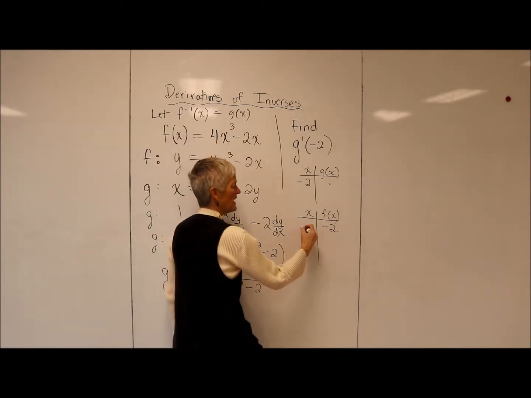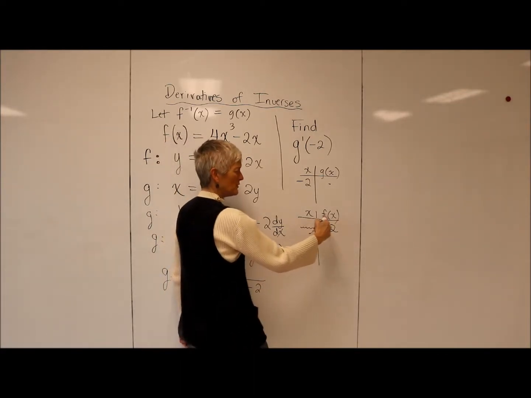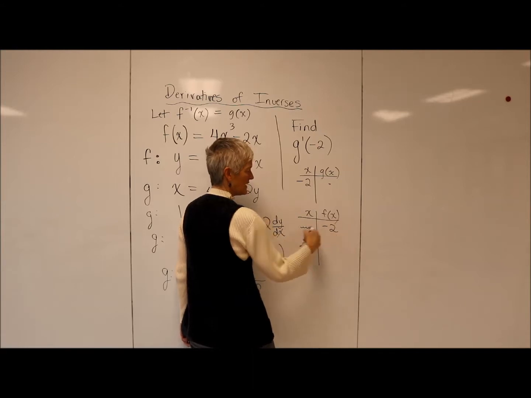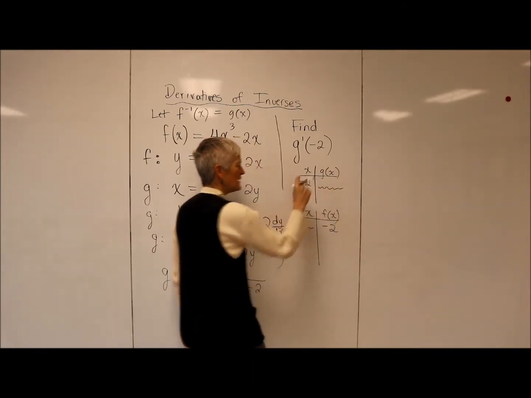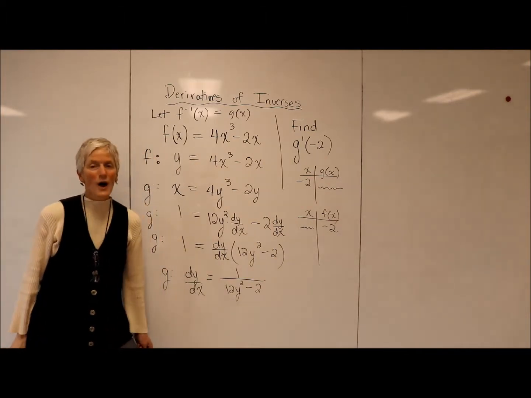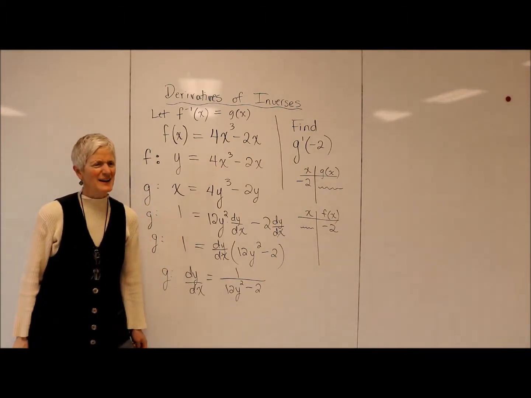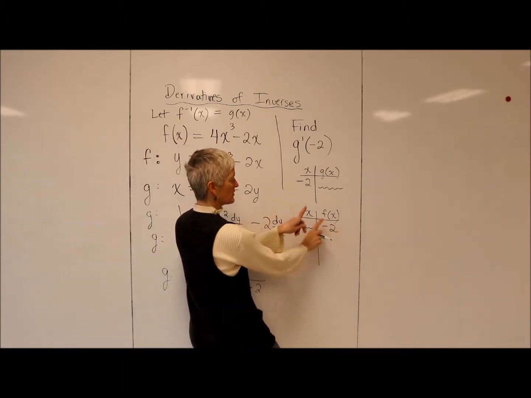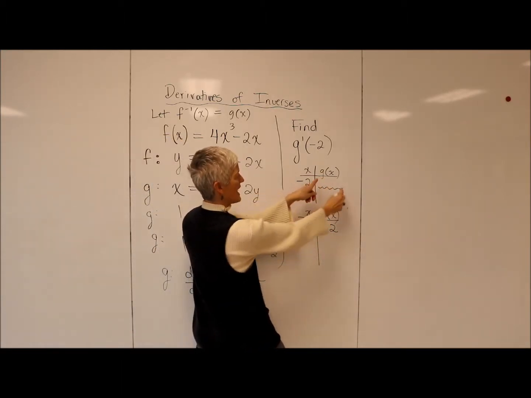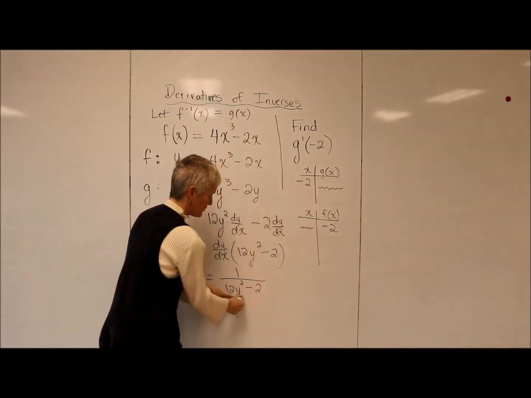So if I can find the x that produces an f of x of -2, that will be the g of x when x is -2. Whoa, that's confusing. Are you guys kind of following this? In other words, if I can find this ordered pair, I can just swap them to get that ordered pair, and then I'd have a value to plug in for my y.